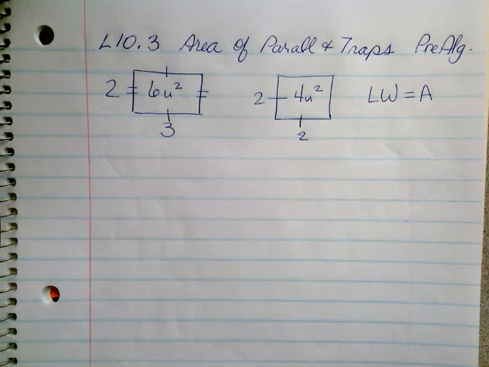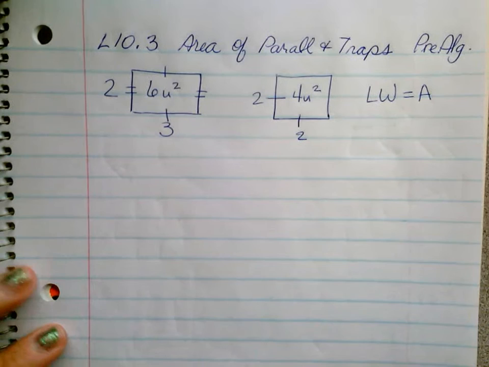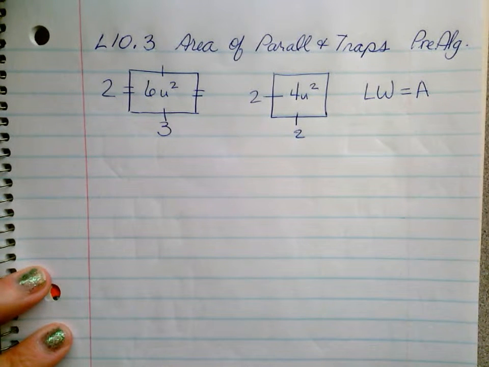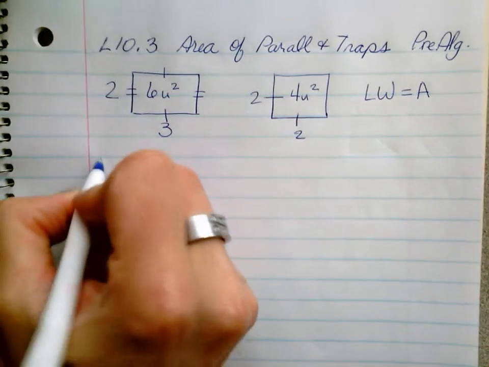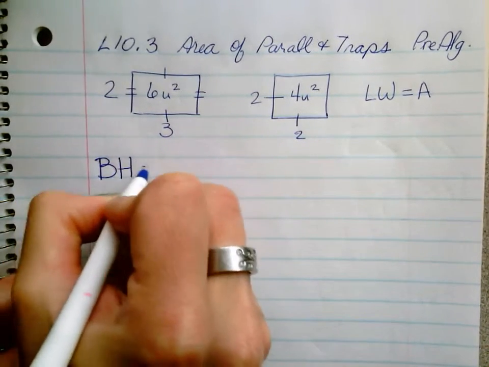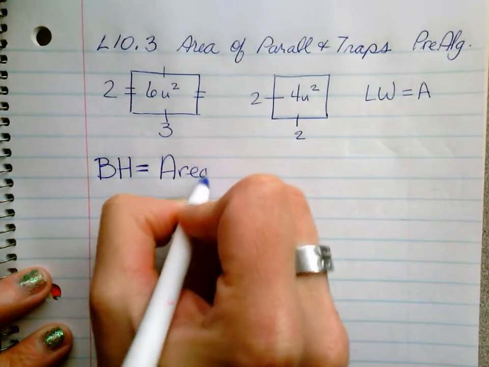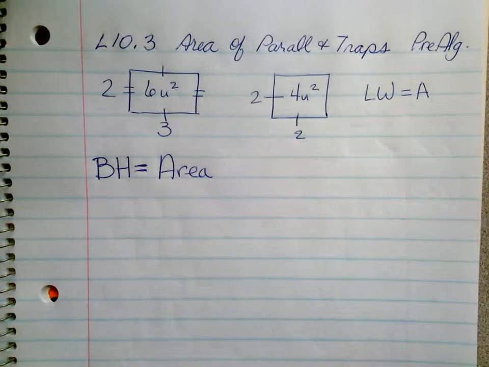Well, to take it up a notch, we're going to learn about a slightly different way of thinking of it, but it's still the same thing. From here on out, you're going to want to think base times height is area. The reason for that is they're trying to move away from you automatically thinking longer side is one thing, shorter side is something else.